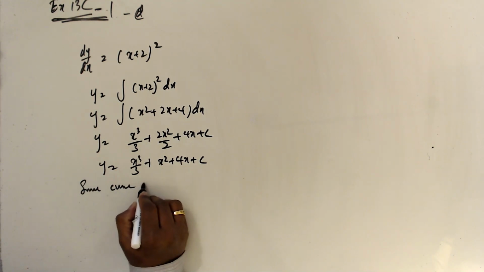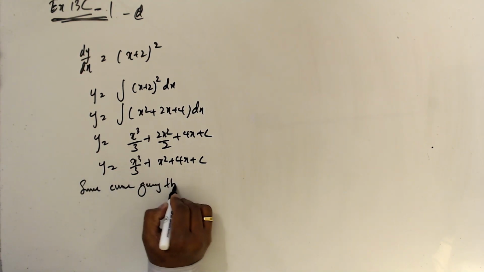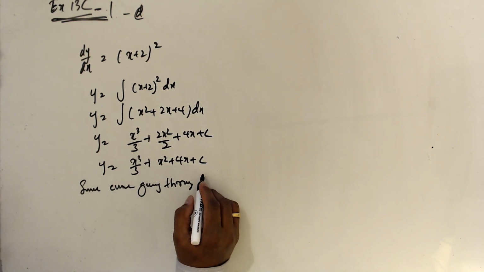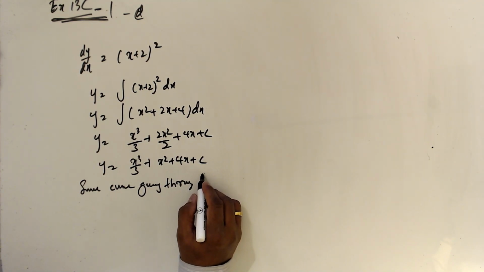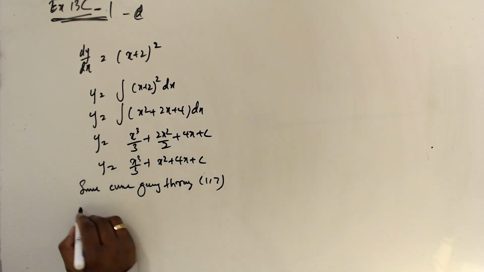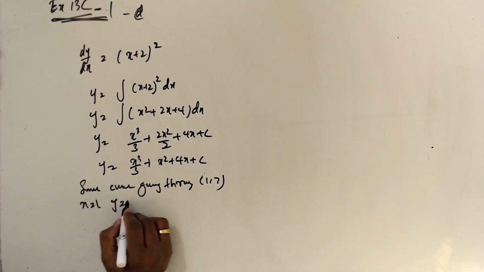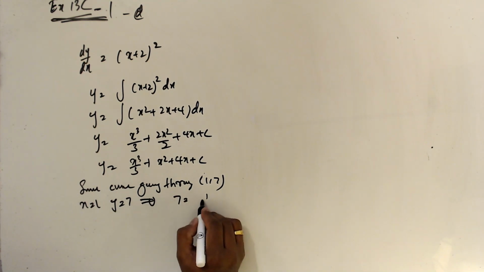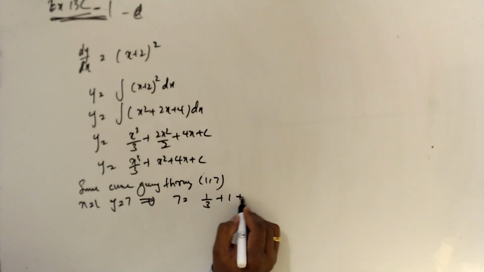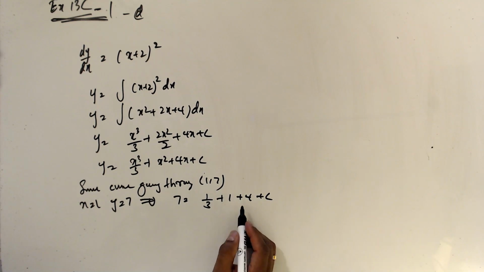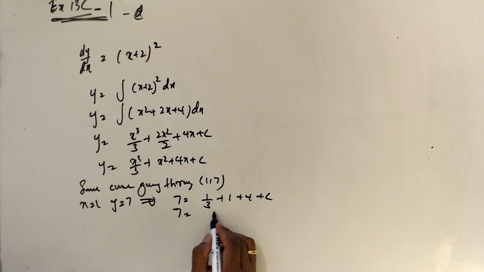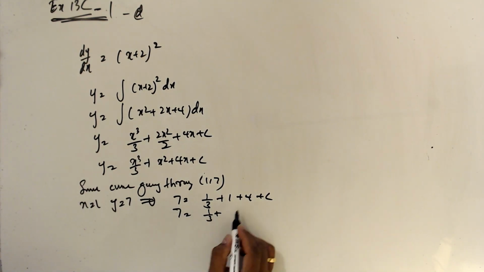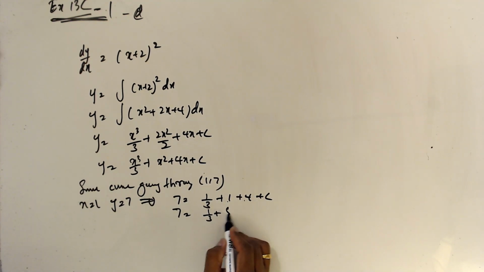Since the curve goes through (1, 7), x equals 1, y equals 7, we'll apply this one. 7 equals 1 over 3, 1 plus 4 plus c.